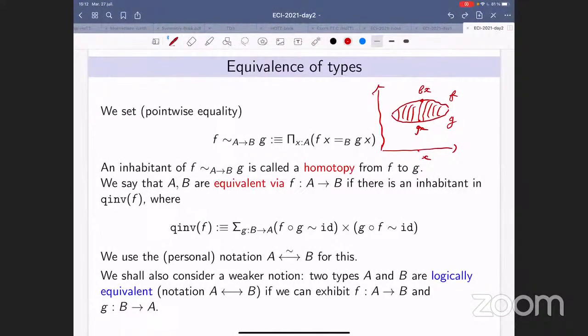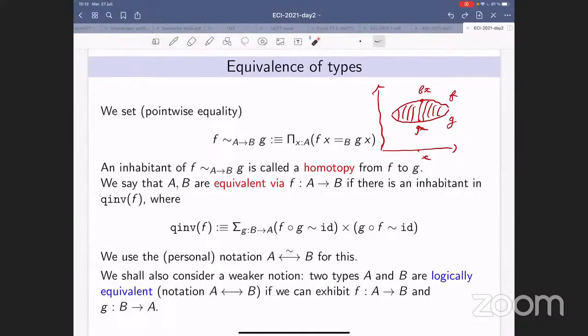This is one definition, which is now used in a more important definition, maybe a fundamental definition for this course, namely the definition of when two types are equivalent.